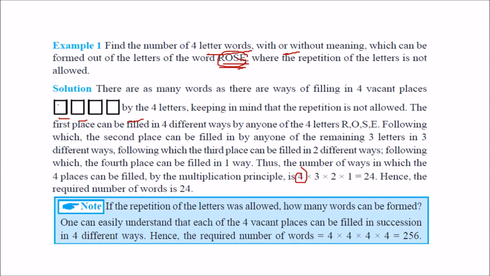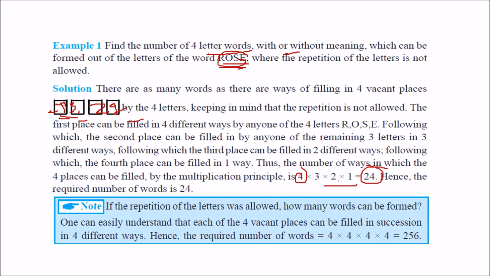Once any of these is chosen, this box is filled. Now 3 are remaining, so the next box can be filled by any of the 3 remaining when repetition is not allowed. Then when 2 are chosen, we are left with 2, so this can be chosen in 2 ways. Only 1 is remaining, so 1 can be chosen. So 4, 3, 2, 1. So multiply it.